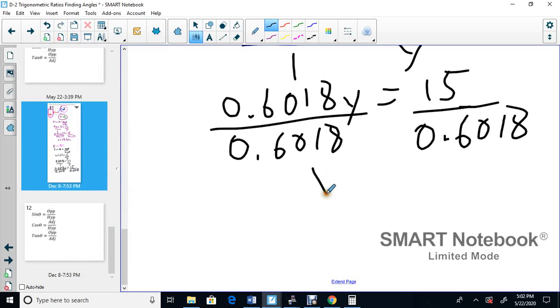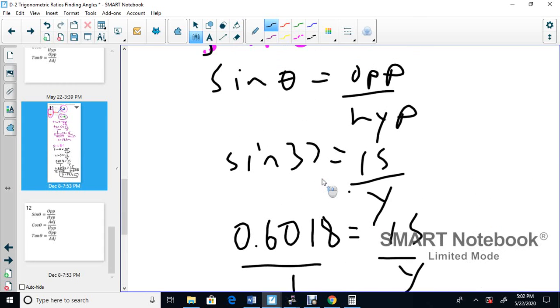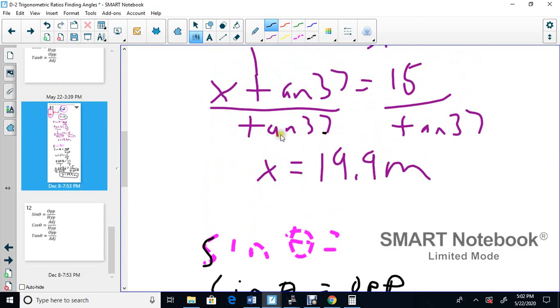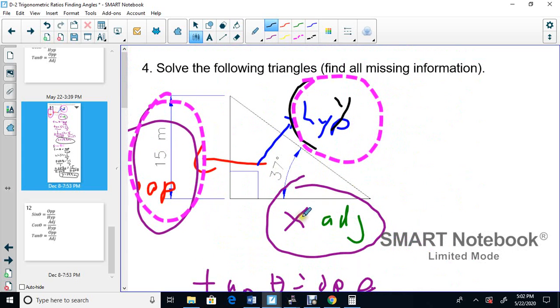So y is 24.9, and I believe meters. So far we found y, up here we found x, and we have everything. x is 19.9, and y is the longest side, yes.